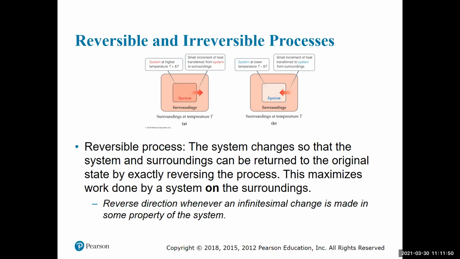So when we have these reversible processes, what we're really saying is that it's a slight enough shift that the system and surroundings can manage it themselves. It's kind of like the buffer systems we were talking about in the last couple of chapters: you can have a disruption, but you're able to handle it.